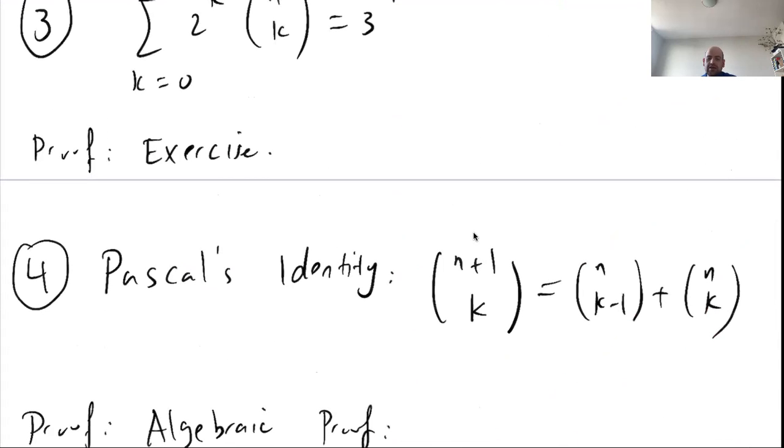N plus 1 choose k. That means the number of ways to choose a set with k elements out of a set with n plus 1 elements, which I called S, right?